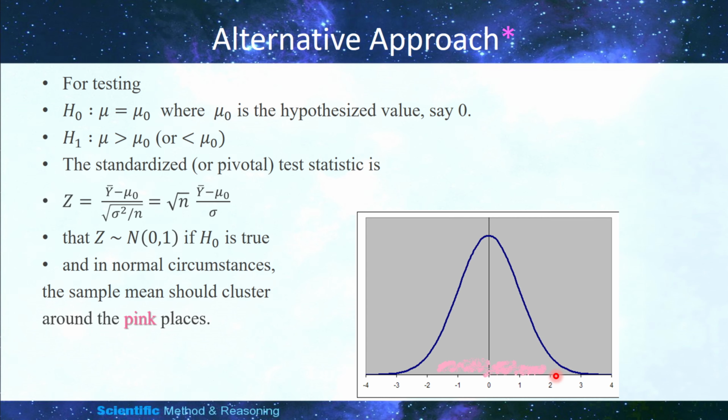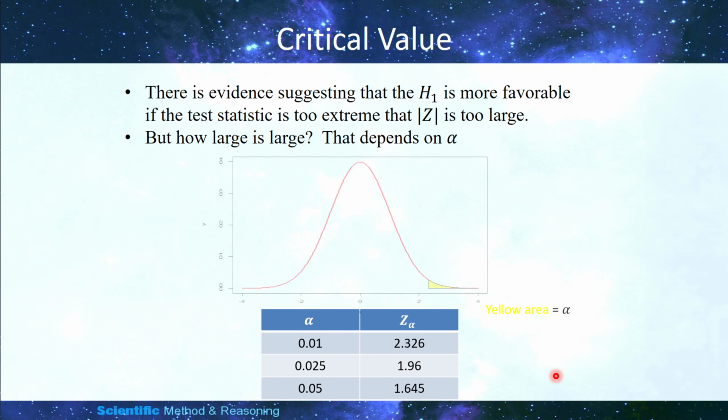If we set alpha equals 0.01, that means we want to leave 1% on the right-hand side of the standard normal distribution, and we can find that the quantile is 2.326, which is the magic number.